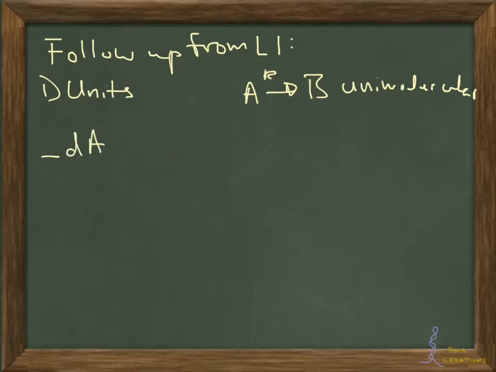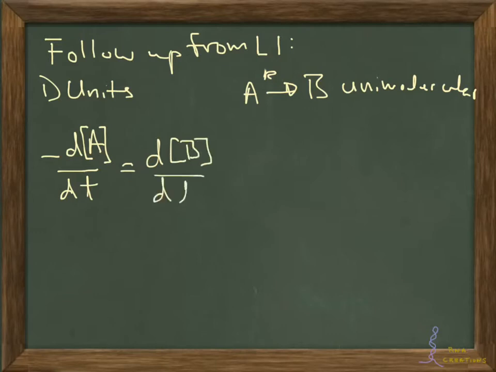And so if you go ahead and you write down the rate law for that, which we did last time, you can talk about the loss of a reactant and the derivative of the concentration of A. And as I said, I tend to get lazy and not always remember my concentration symbols. But the loss of the concentration of A is equal to the rate of the formation of the concentration of B with time.